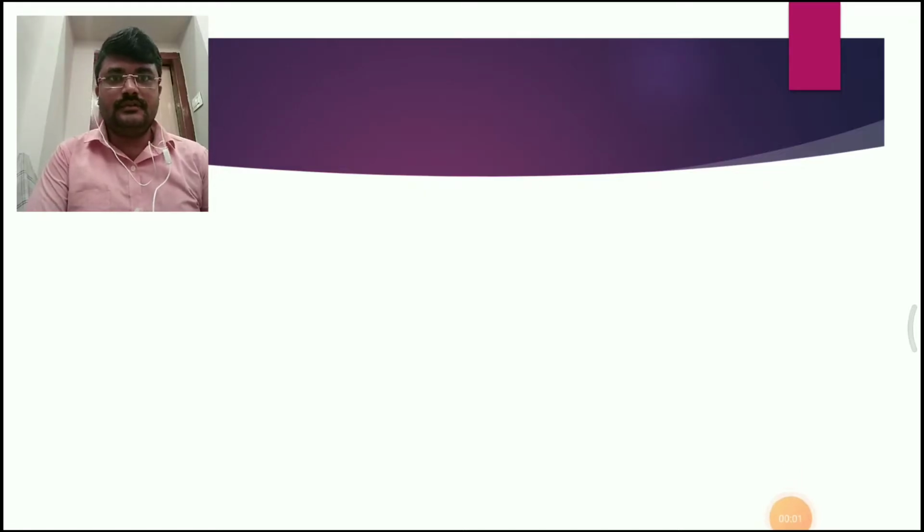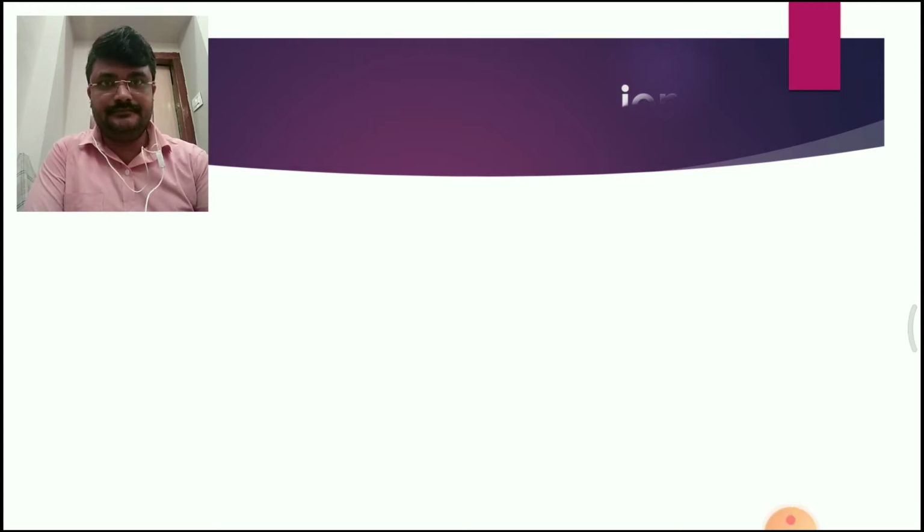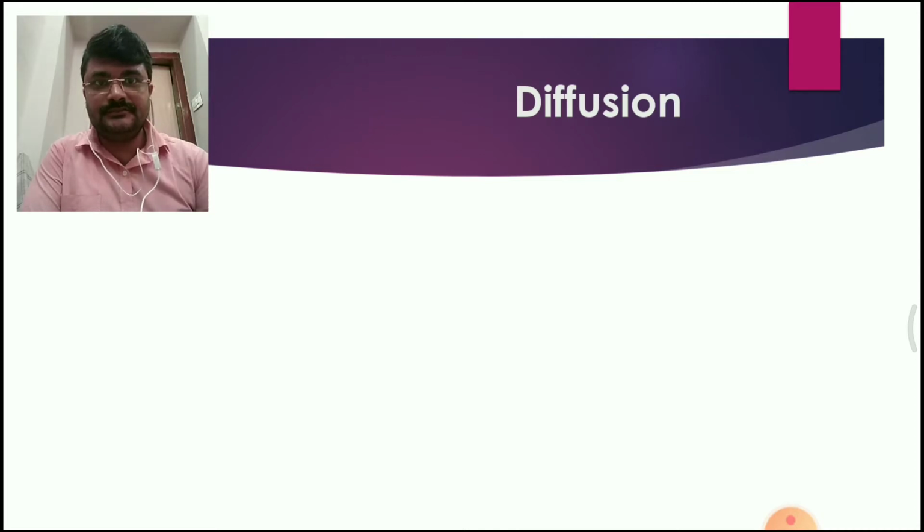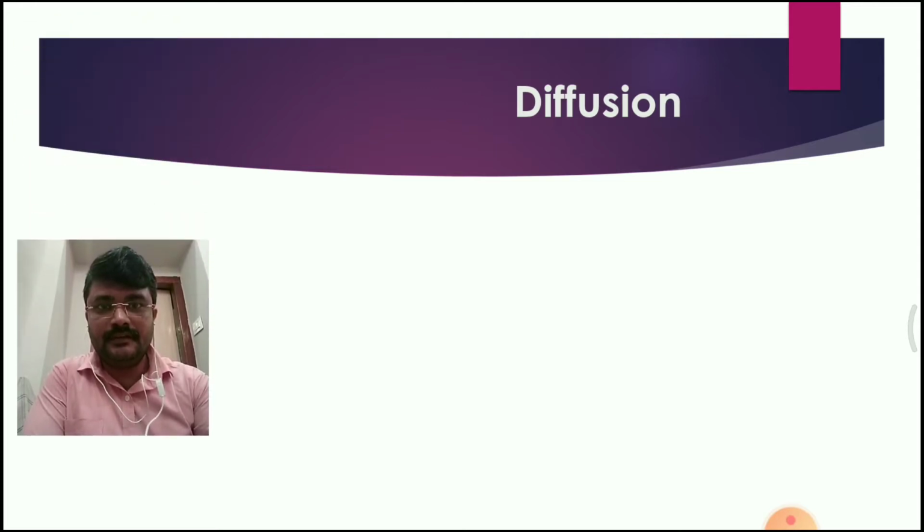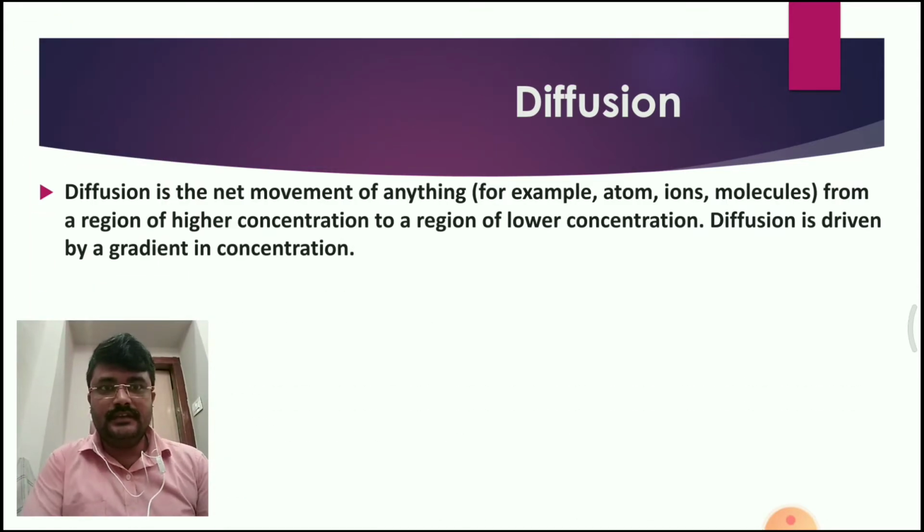Now we're going to learn about diffusion. What is diffusion, children? Do you know what is diffusion? See here, diffusion is the net movement of anything, for example atoms, ions, molecules or anything, from a region of higher concentration to a region of lower concentration.